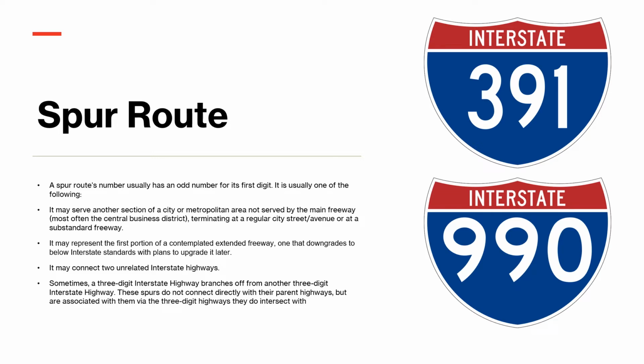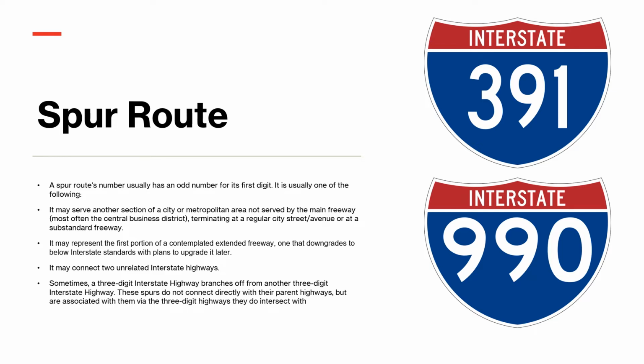Sometimes a three-digit interstate highway branches off another three-digit interstate highway. These spurs do not connect directly with their parent highways, but are associated with them via the three-digit highway they do intersect with. An example is I-290 in Worcester, where it spawns off 190 that goes up to Fitchburg, and 190 does not connect with I-90 in Massachusetts.